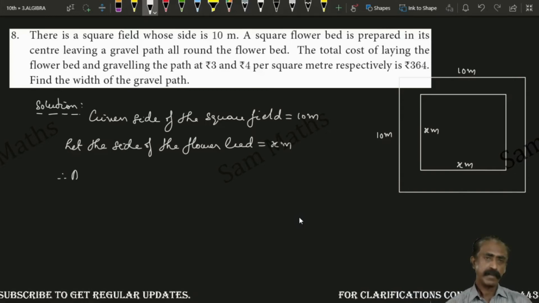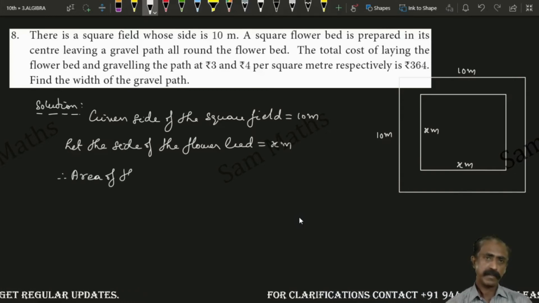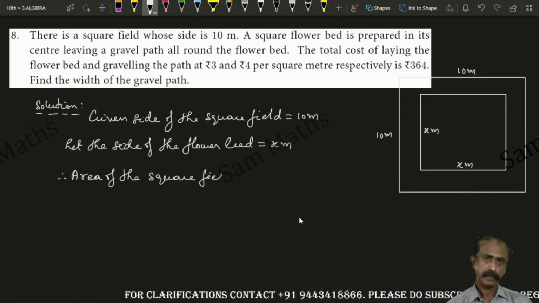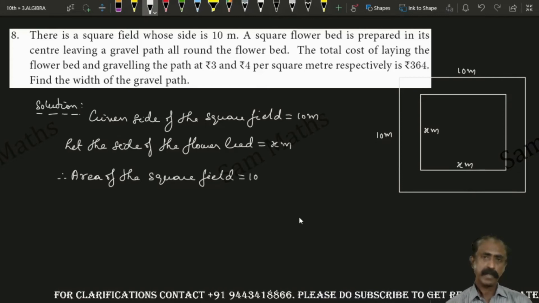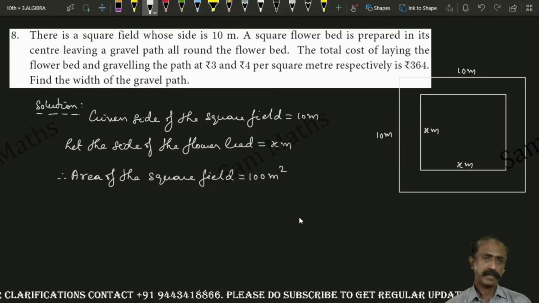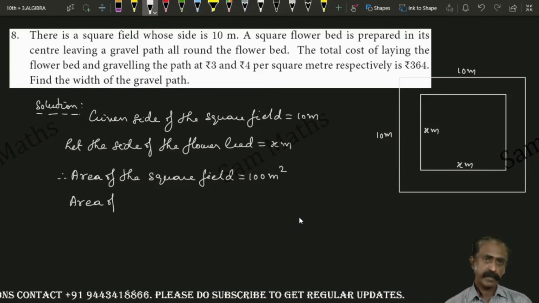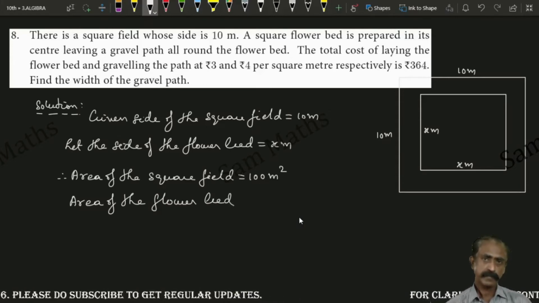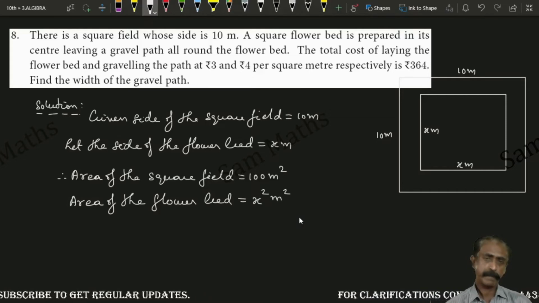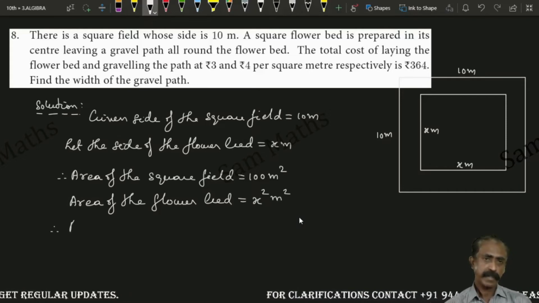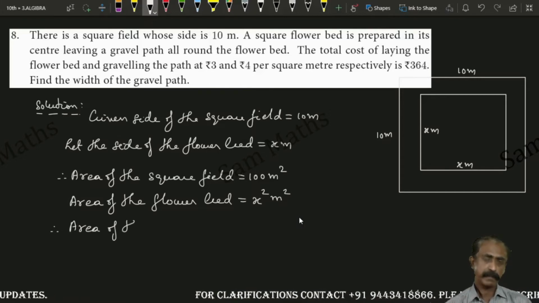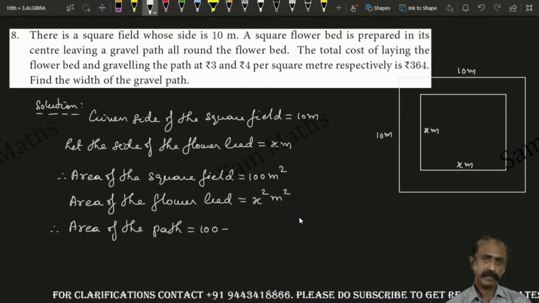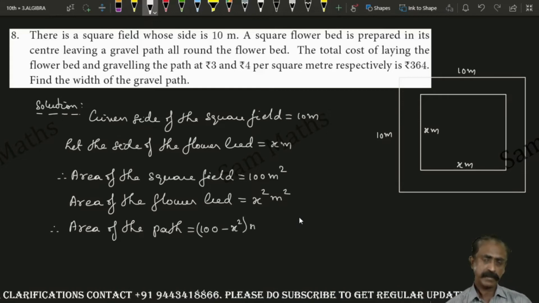Therefore, area of the square field equal to 100 square meters and area of the flower bed equal to x square meters. Therefore, area of the path equal to 100 minus x square meters.